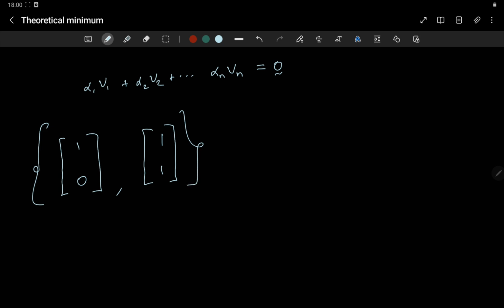Are they linearly independent or linearly dependent? They are linearly independent. So you cannot come up with some alpha and beta so that the combination is zero. So now, what about this one?